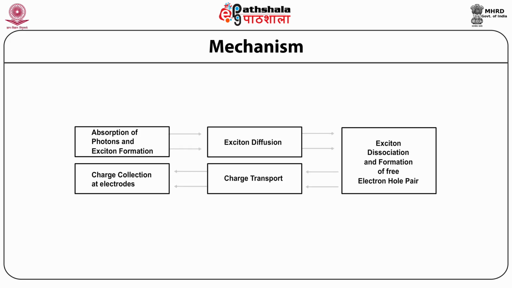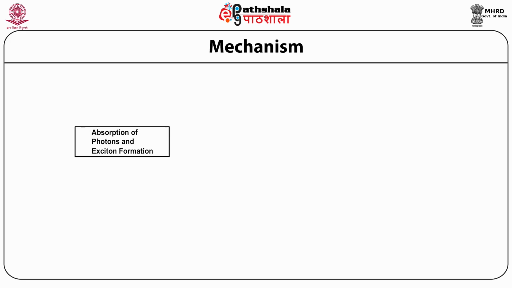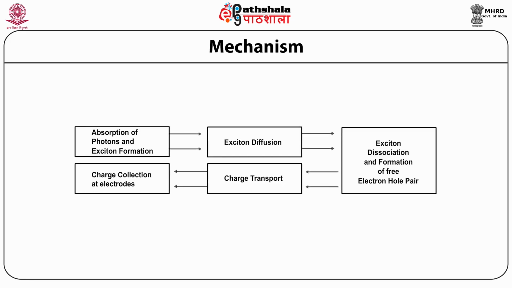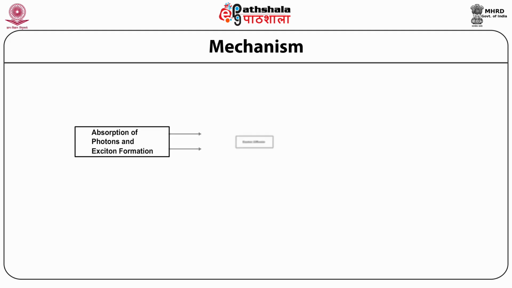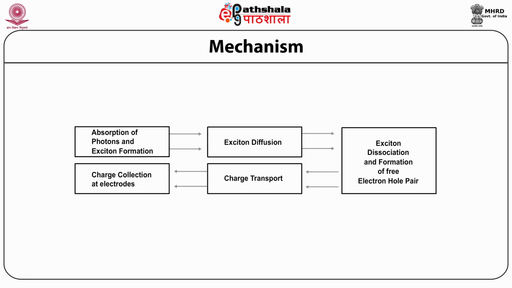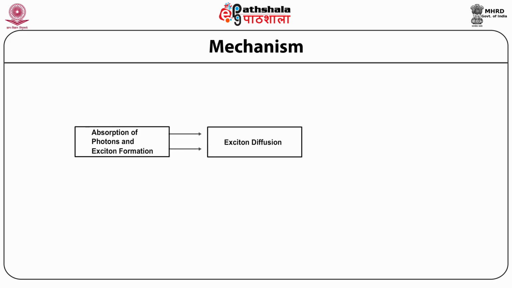Instead, it moves by diffusion, hopping from one molecule to another such that the probability of each jump is maximized. These excitons can either recombine radiatively or non-radiatively or can dissociate to give free electron-hole pair.